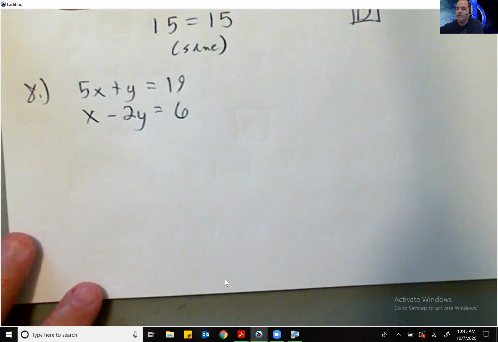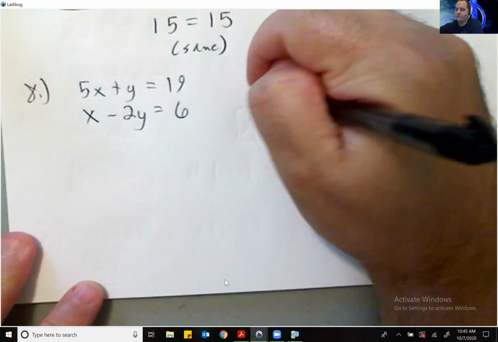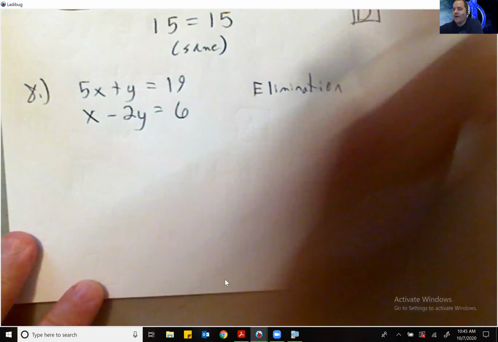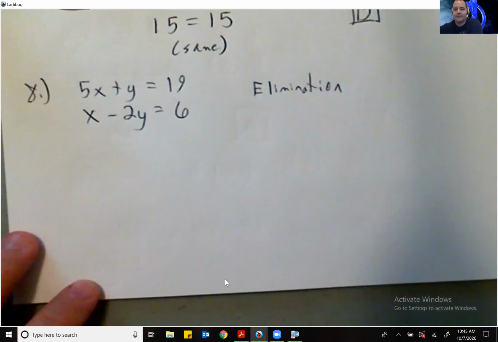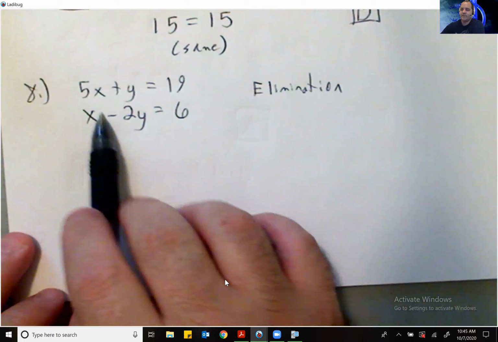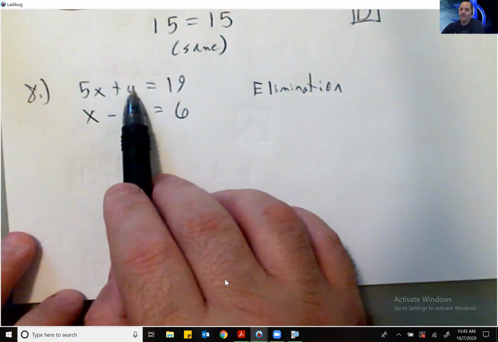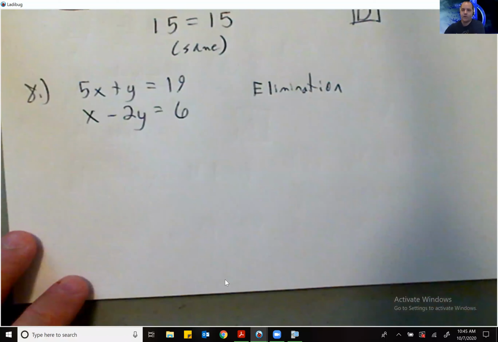I would definitely do elimination on this. Now, do not get me wrong, you could actually do substitution on this. You could solve the bottom equation for x, or you could solve the top equation for y. But I think elimination is a little bit easier. Okay, with that being said, Kiki, pick a variable, because remember, with elimination, you have to make choices.